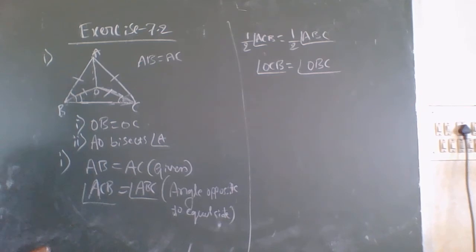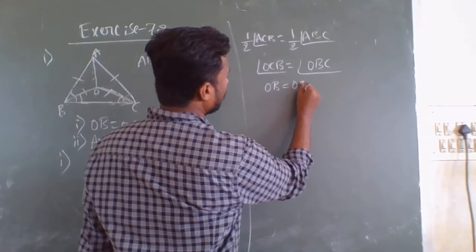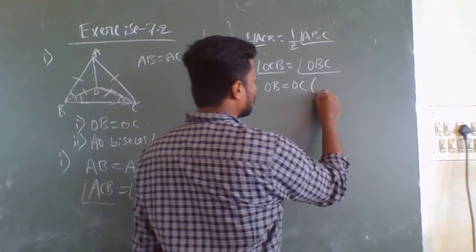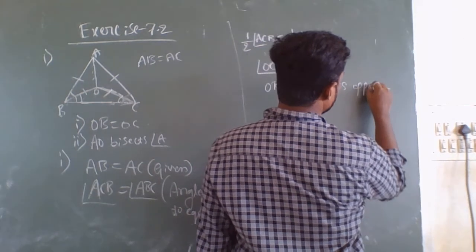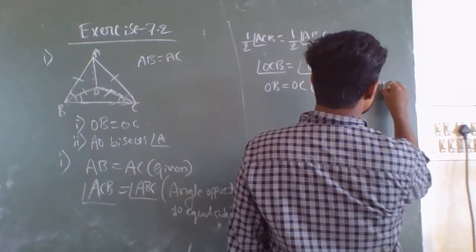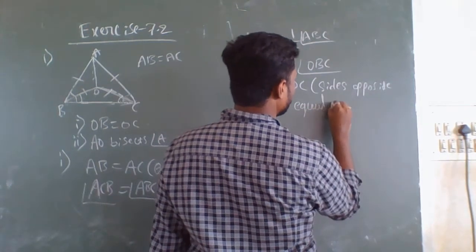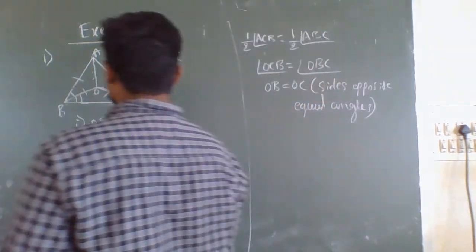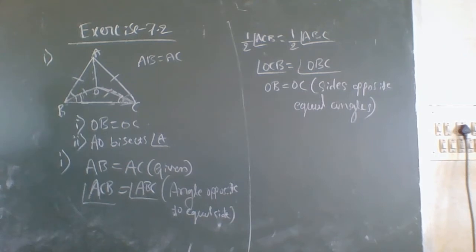So now I can write OB is equal to OC, because sides opposite to equal angles are equal. Here these two angles are equal, so now we can write these two sides are equal.